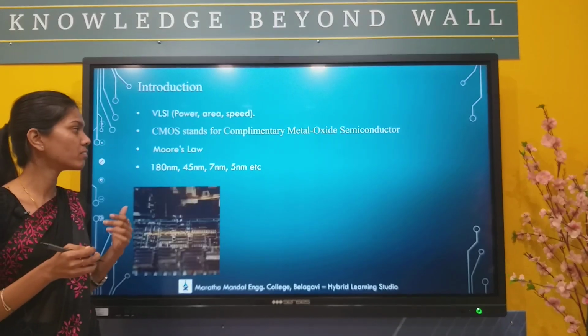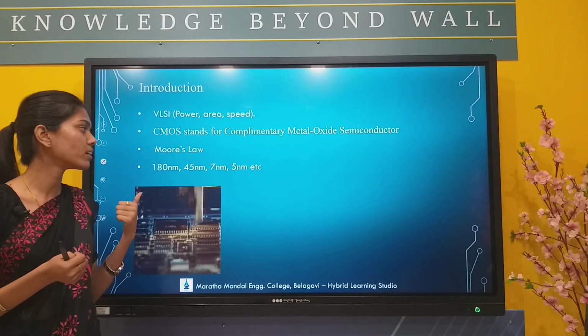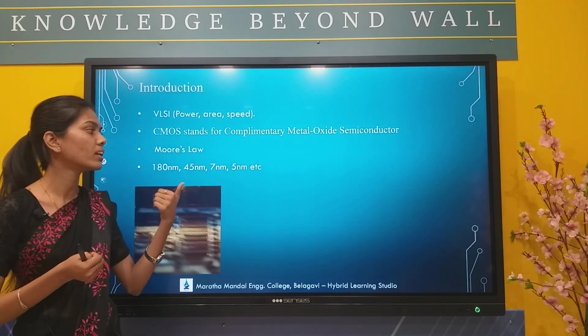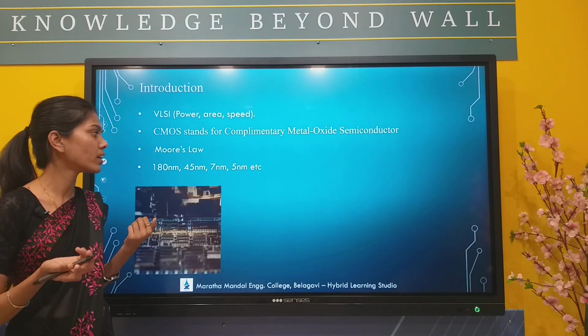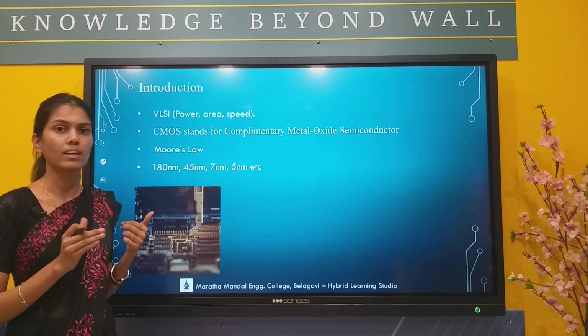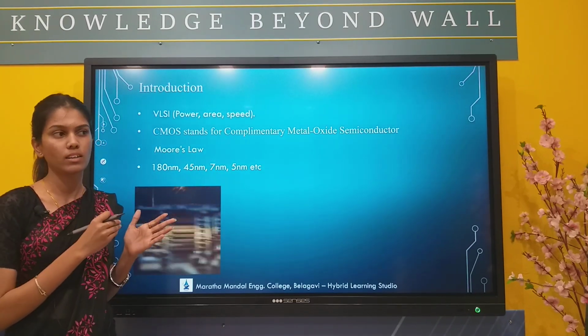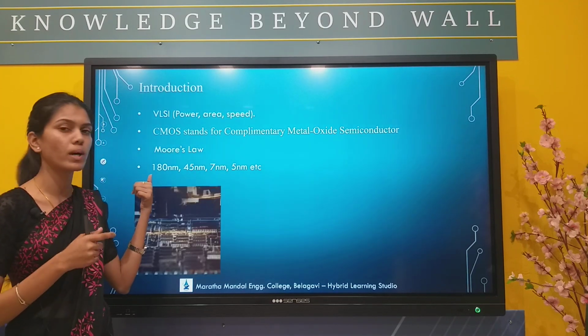Today we have 5 nanometer, and before that we had 180 nanometer, 45 nanometer and 7 nanometer. What is the meaning of 180 nanometer, 45 and so on? The 180 nanometer is the channel length. For example, when the current is flowing from drain to source, that channel length we call 180 nanometer.